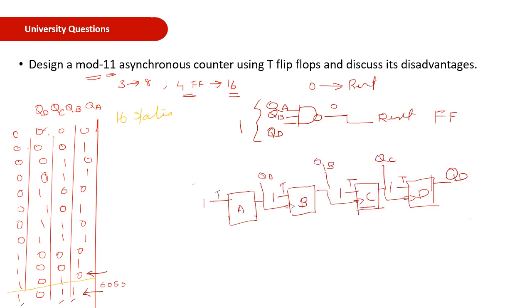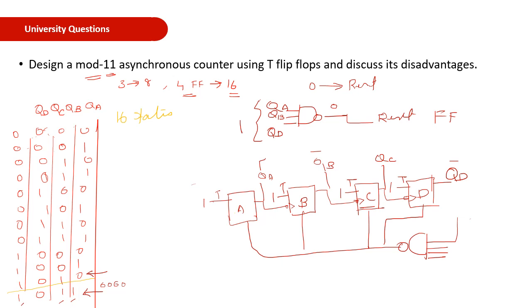A circuit diagram for that mod 11 counter is shown here. Here you will take QA, QB and QD, and that will be given to a NAND gate, and the output of the NAND gate will be fed to the reset pin of each and every flip-flop.